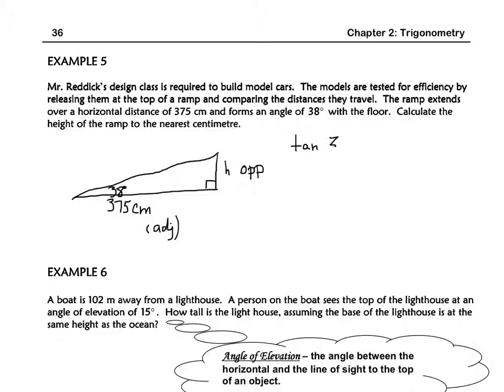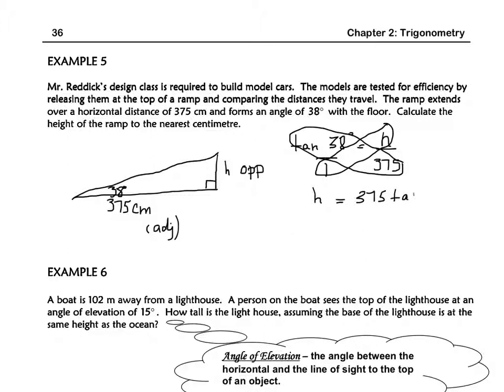Tan of 38 degrees is opposite over adjacent, which is 375, and then again, if we cross multiply, we have height equals 375 times the tan of 38, which if we calculate is 292.98.